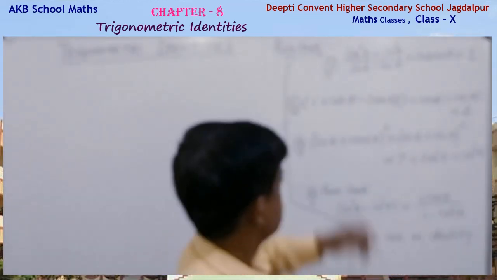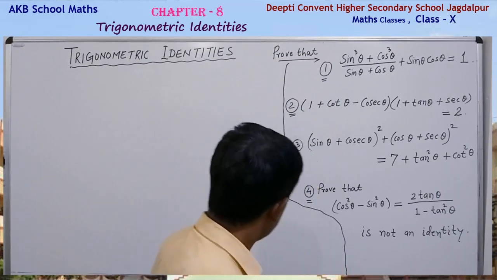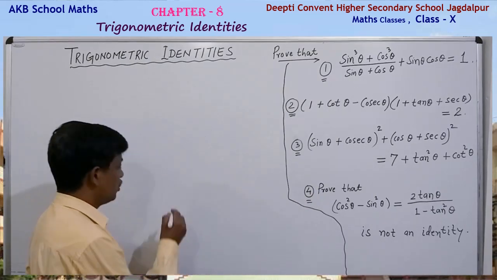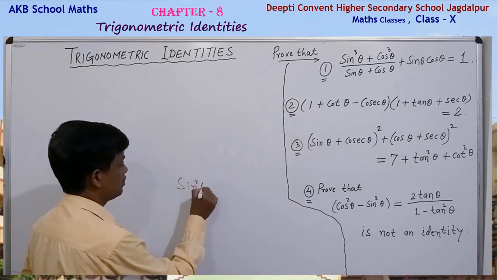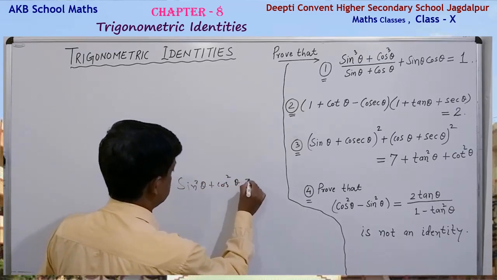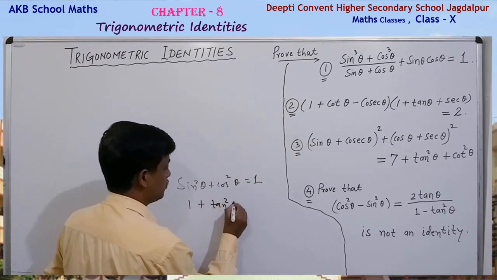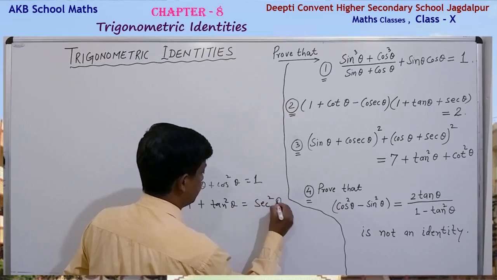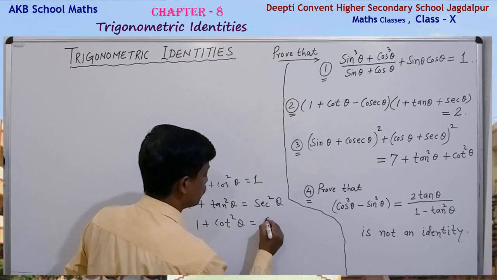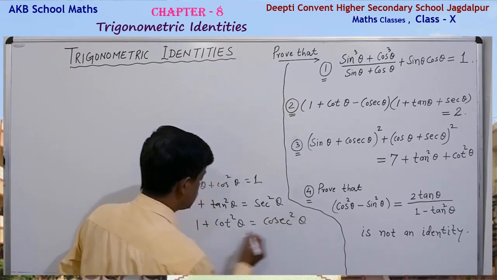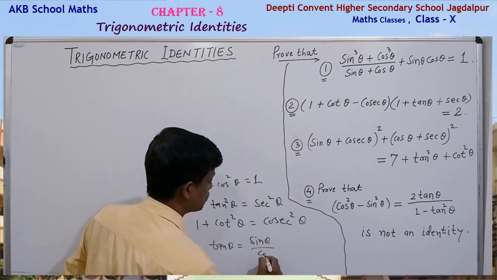For the first question, we take the left hand side and solve it using the formulas. You know the formulas: sin square theta plus cos square theta equals 1, 1 plus tan square theta equals sec square theta, 1 plus cot square theta equals cosec square theta, and also tan theta equals sin theta upon cos theta.